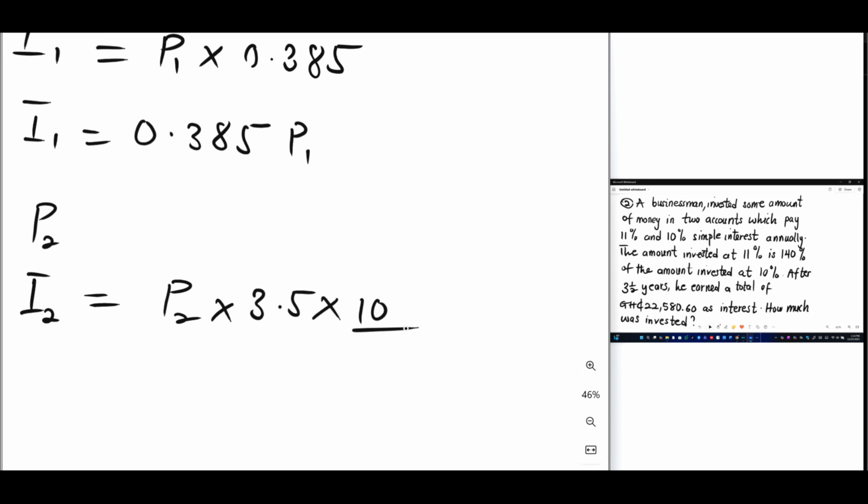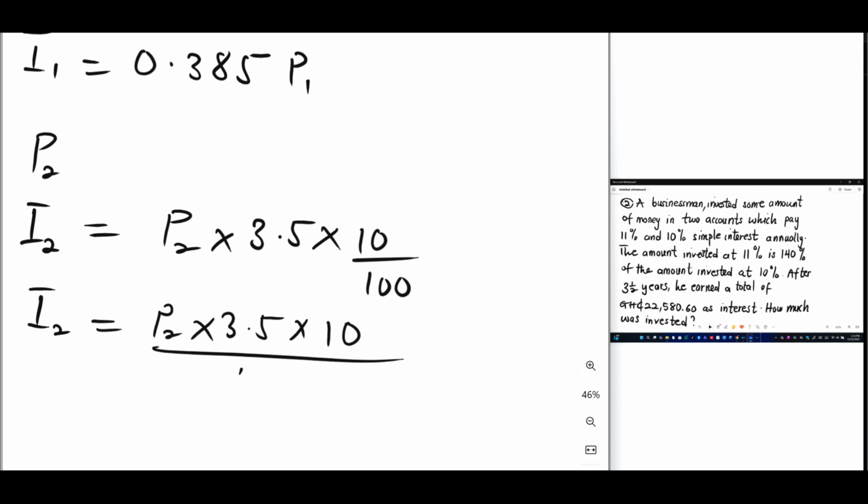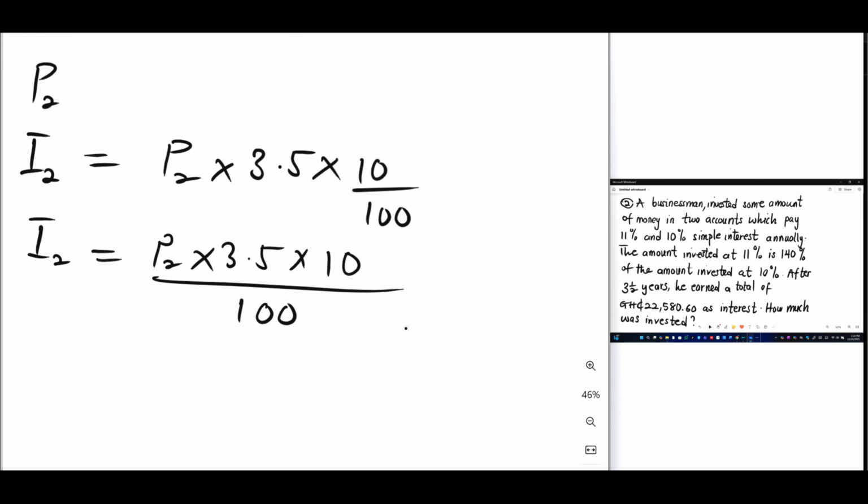That is 10 out of 100. So our second interest will be P2 times 3.5 times 10, all divided by 100.